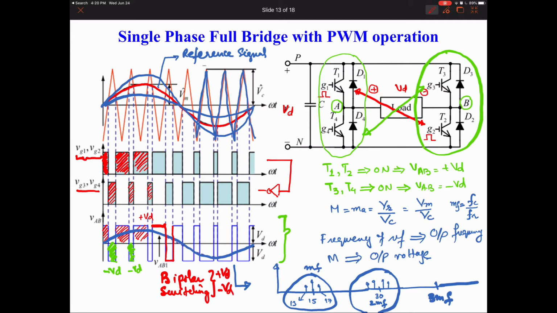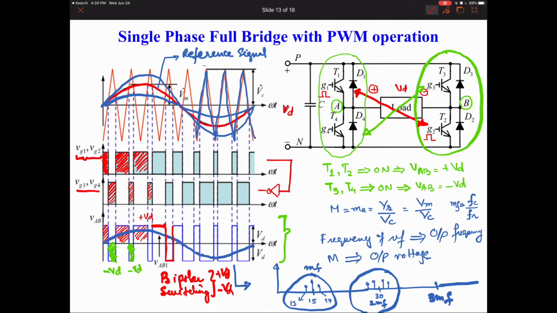And for how we switch the switches in the H bridge or full bridge, we operate the switches in cross. G1 and G2 are turned on first, then G3 and G4 are turned on once G1 and G2 are in the off state. So we operate the switches in cross, right?